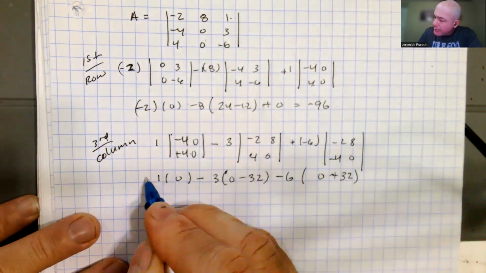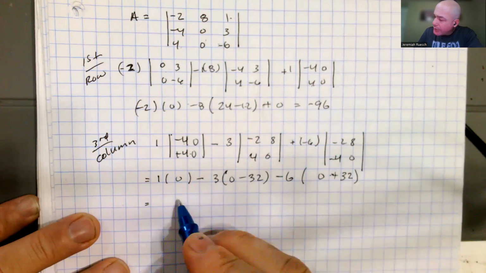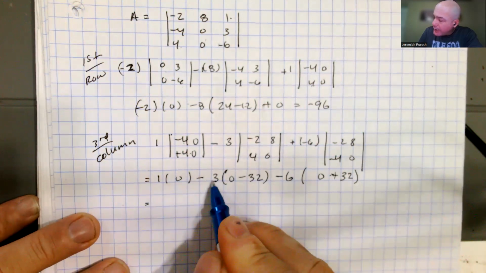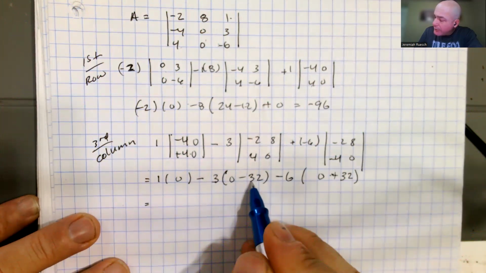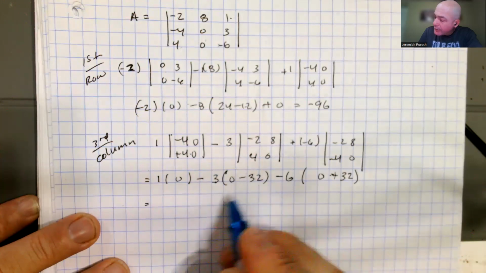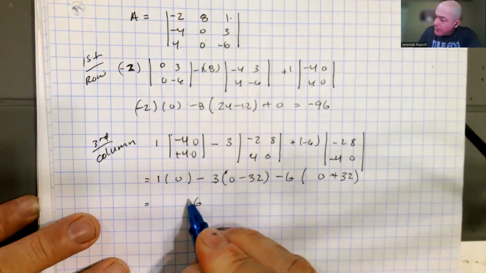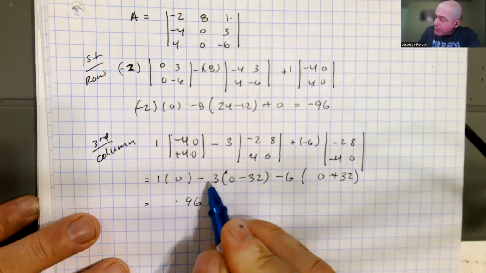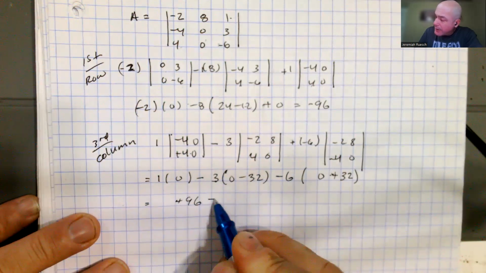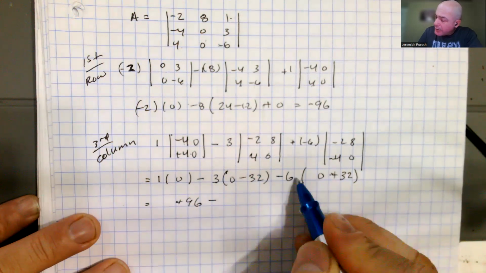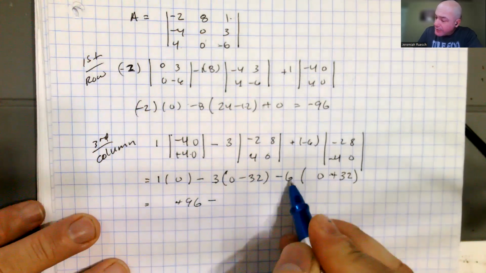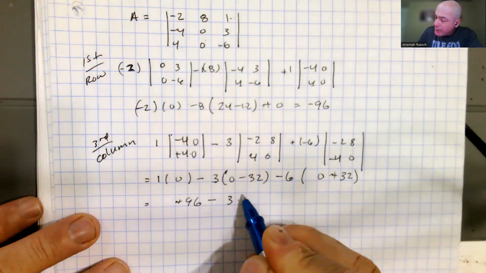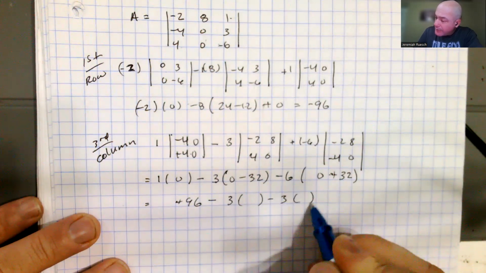All right. And so this one looks a little bit more interesting. We have this is 0. This is -3 times negative 32, which is going to be a +96 minus, well, since this is 6, that's the same thing as 3 times this minus 3 times this.